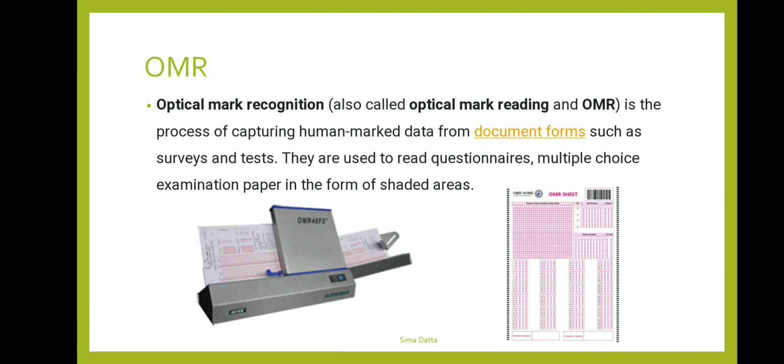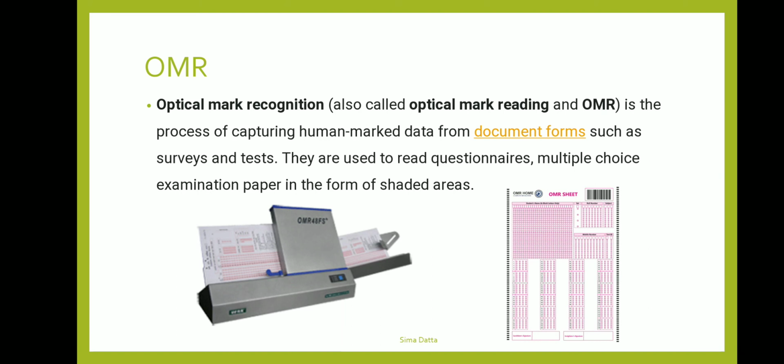Whenever you give some exam, your OMR sheet is scanned through the OMR machine. The OMR machine can scan that particular OMR sheet. They are used to read questionnaires, MCQ, multiple choice examination papers in the form of shaded areas.